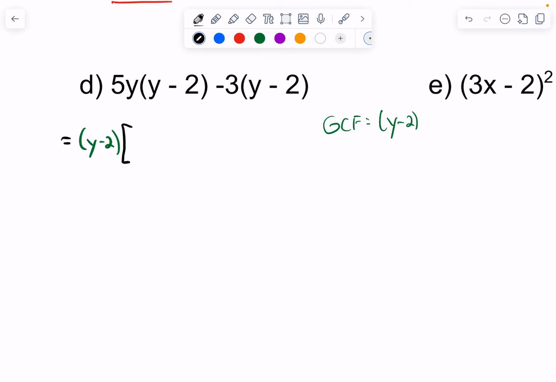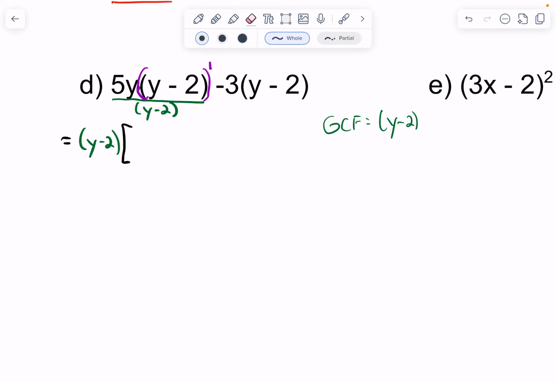So now, do the same process. Take each of these terms. So this is one big term right here, because technically this is being multiplied right here, right? So you take that one big term and you divide it by the GCF. So our GCF was y minus 2. Well, up top here, you can see I have 1 times y minus 2.